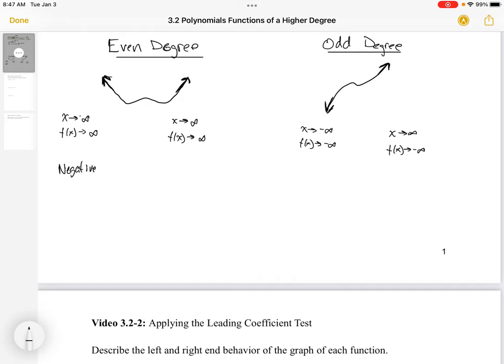So I'll give a little example of that, right? Let's just say we had something like negative x to the fourth plus whatever, 7, something along those lines. What happens here?